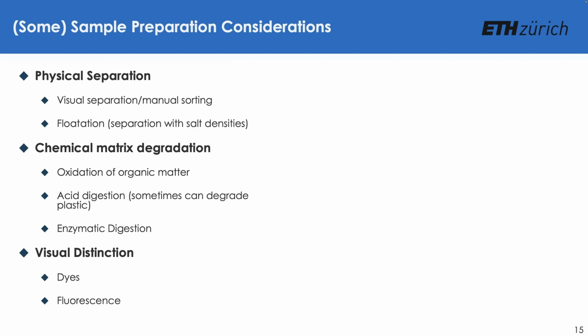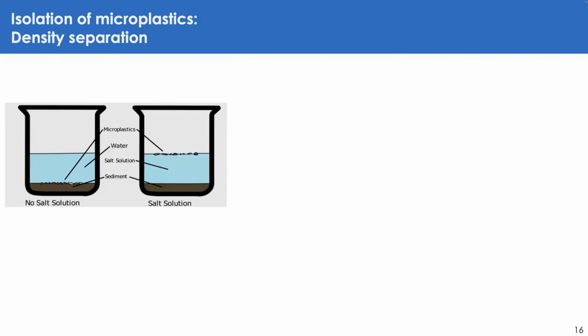So when we start to look at the physical separation, here density separation is typically the most used technique in the field today. On the left side of the figure, you'll see our soil sample, which has some microplastics, and if it is just in water, the microplastics and the sediment will all sink to the bottom.